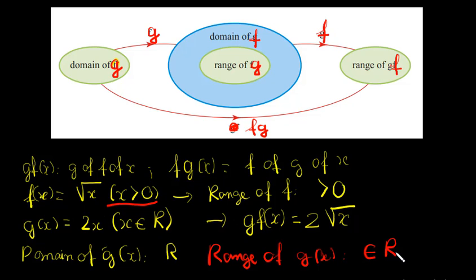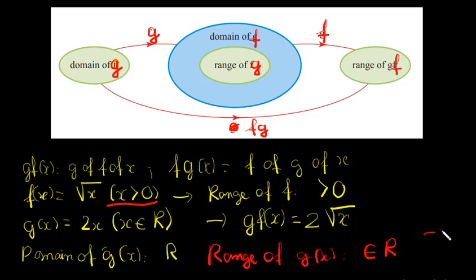Here you can see that this one is not contained within this one, because any real number contains two parts: one part is negative and one part is positive. The positive one is suitable, but the negative one is not. The range of g(x) is any real number.